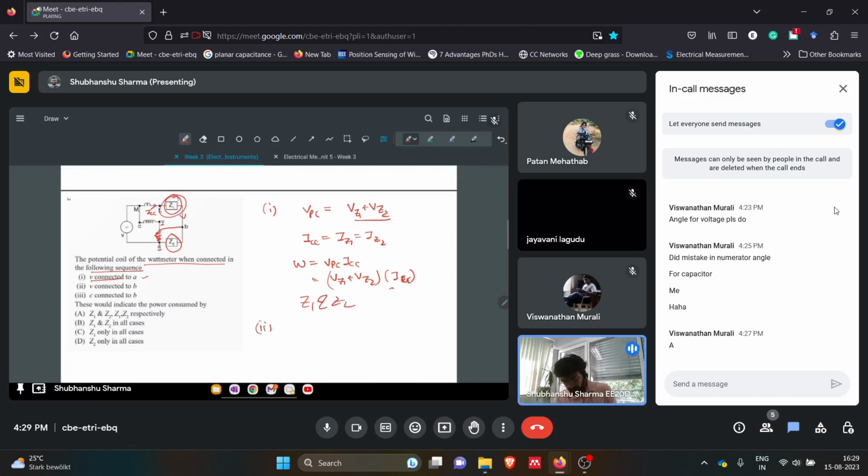The third case is C connected to B, with V connected to A. We have the potential across Z2, and the same current goes through Z2, so it will be the power of Z2. The answer will be A.